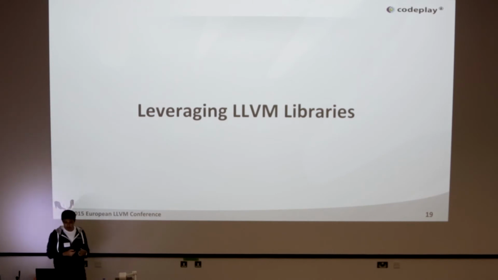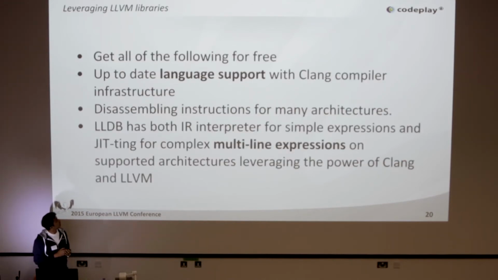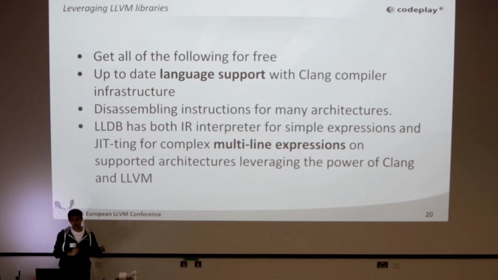So yeah, now I'll move on to talking a little bit about one core feature of LLDB, which is that it makes use of LLVM libraries. The benefit is that you get all of the following for free because it reuses LLVM libraries. One thing would be up-to-date language support, because it uses the Clang compile infrastructure behind the scenes for expression evaluation. It can also use the LLVM disassembler for disassembling instructions for many architectures.